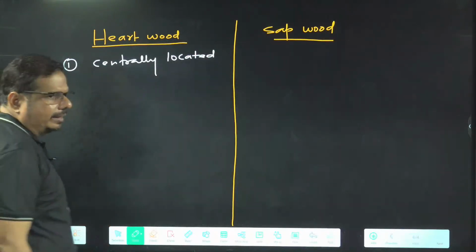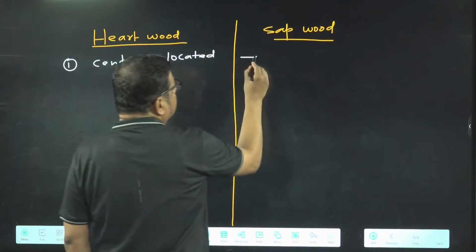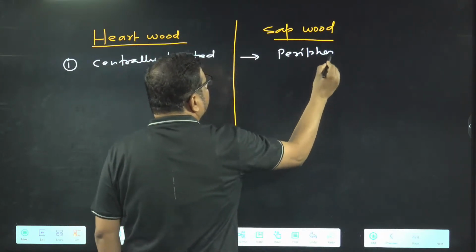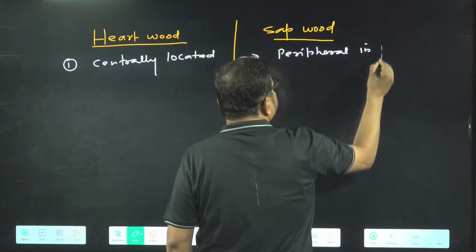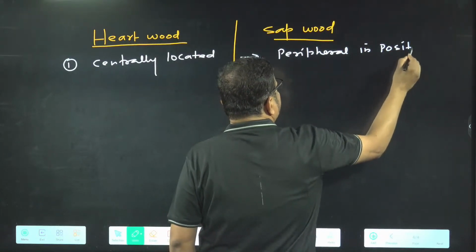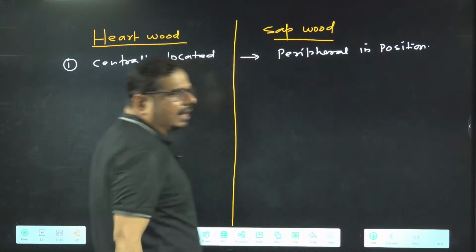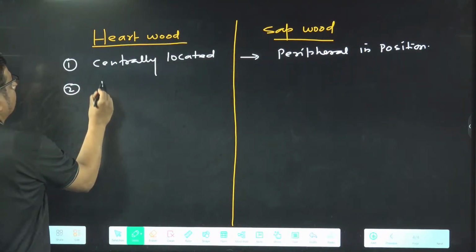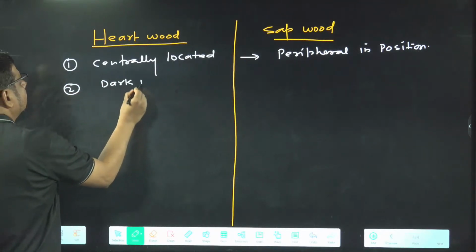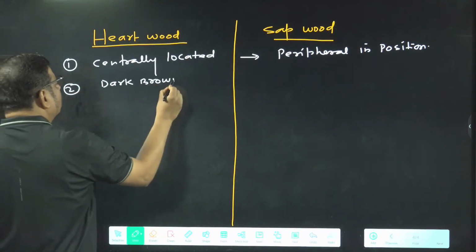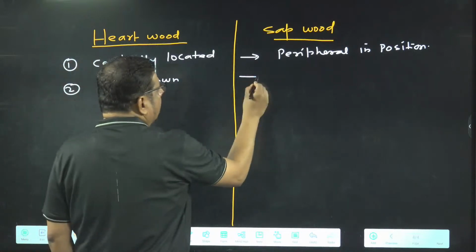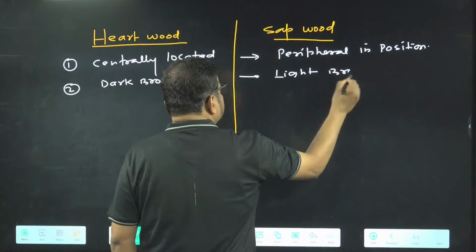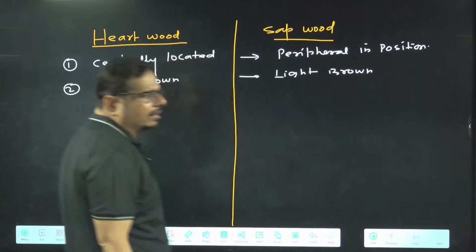If you talk about sapwood, it is peripheral in position. It is present in the outer layer. Heartwood is present in the inner layer. Heartwood is dark brown in color. Sapwood is light brown. You have seen the structure, na? The inner is more dark brown.